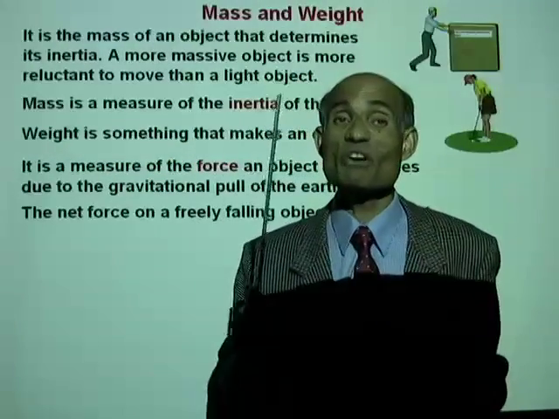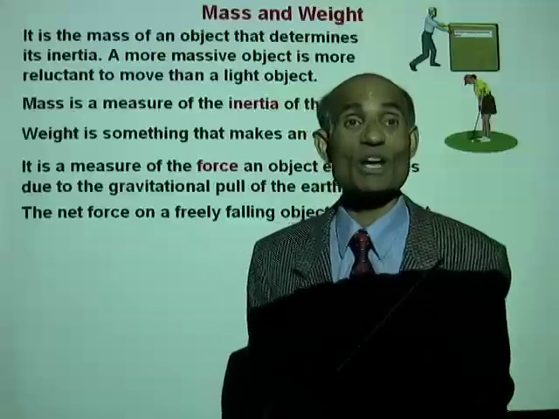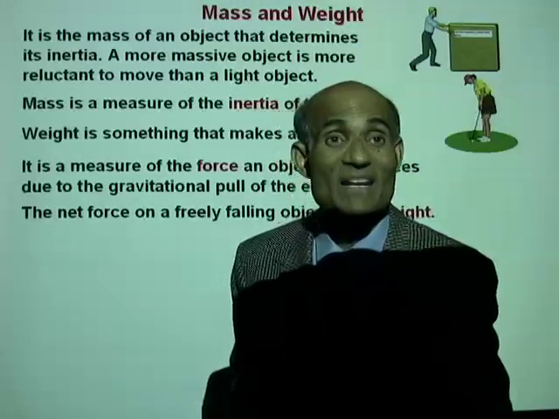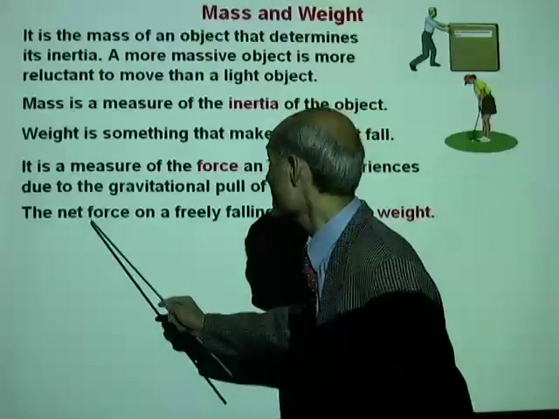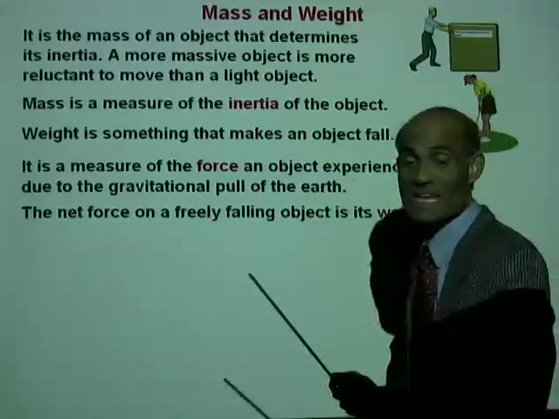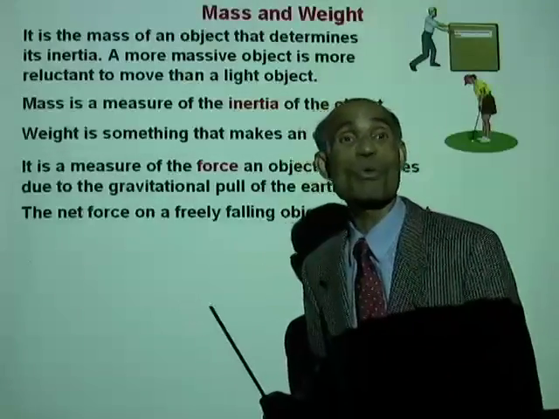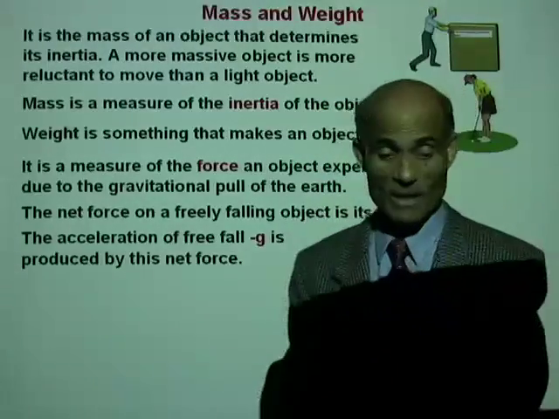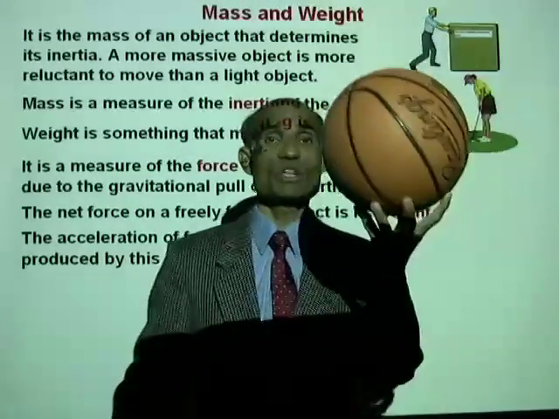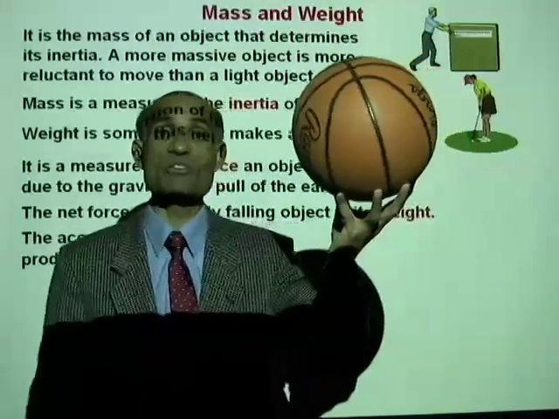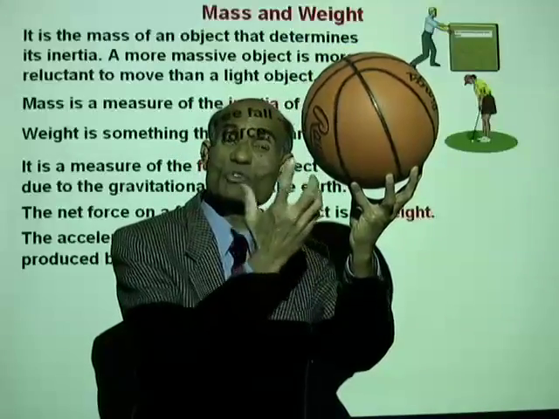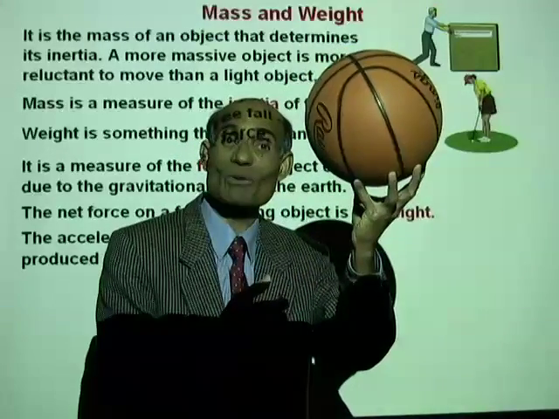That means if a force is acting on an object, that force must produce an acceleration. The net force on a freely falling object is called its weight. And now remember, whenever there is a net force, when the object falls under the action of that net force, it will produce an acceleration.